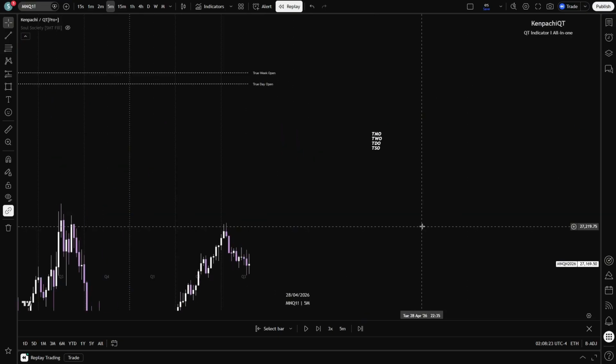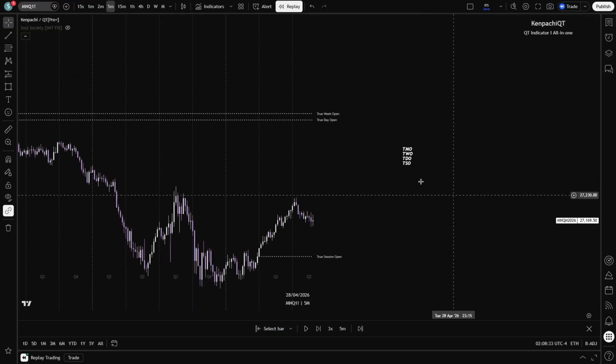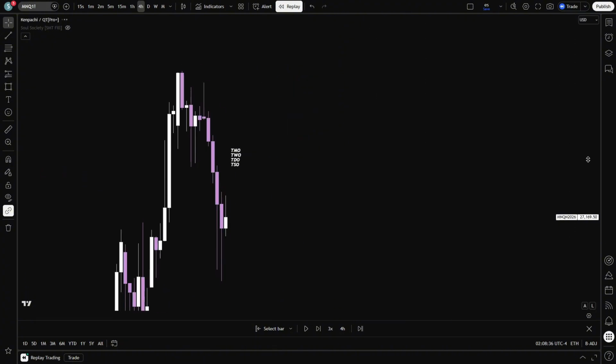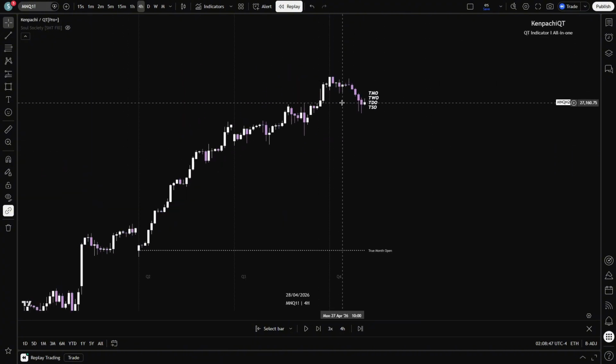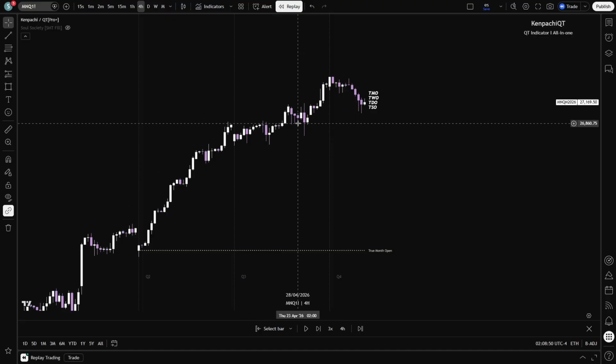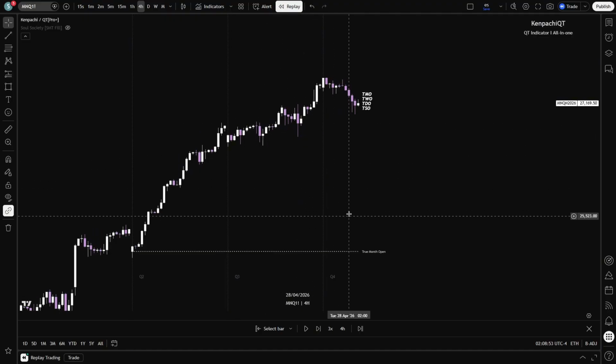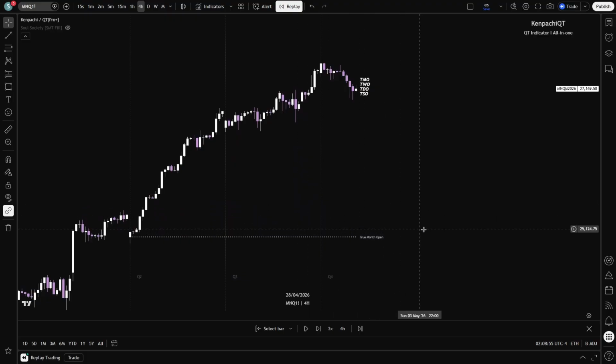Knowing that the true open starts at every Q2, the very first opening price candle, let's say, for example, on 4 hour time frame, we have our true month open. If we're above the true month open, we're gonna be in a higher time frame premium zone. Let's say it was a true week open, and we have the true month open. Being above the true month open is gonna be the more premium zone because we're going from the higher time frame to a lower time frame.